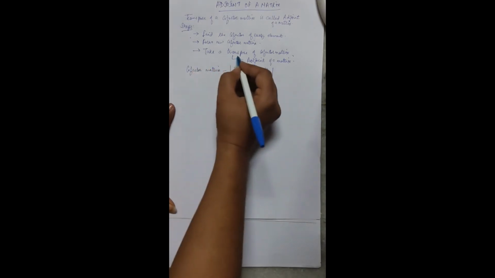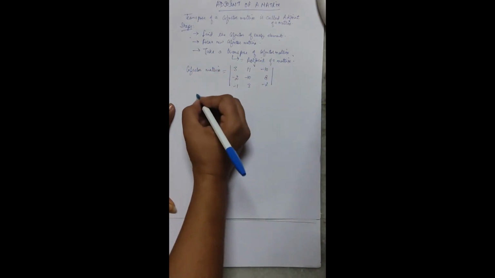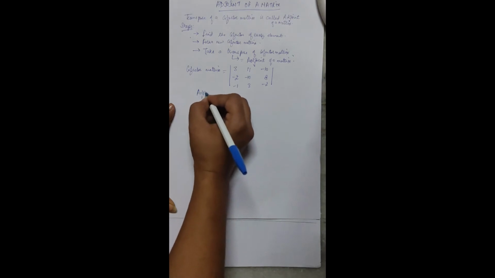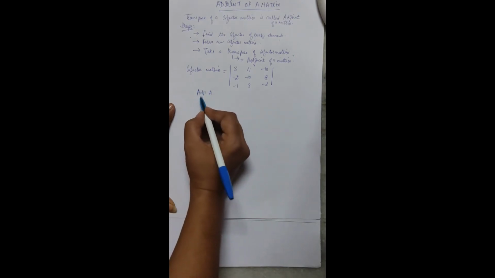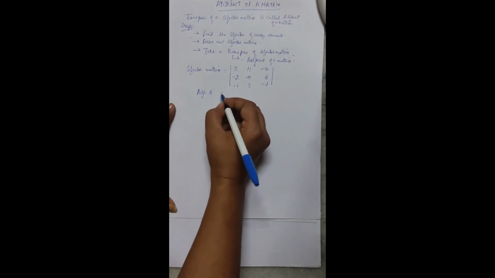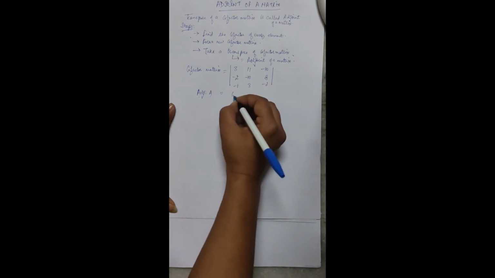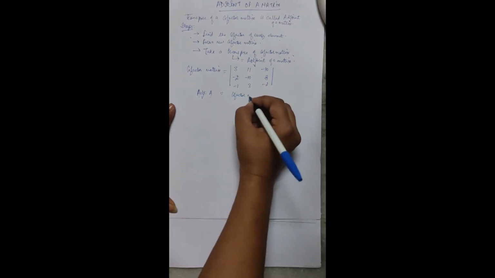The third point is to take the transpose of the cofactor matrix. So the adjoint is represented as adj A, adjoint of the A matrix. This is the transpose of the cofactor matrix.